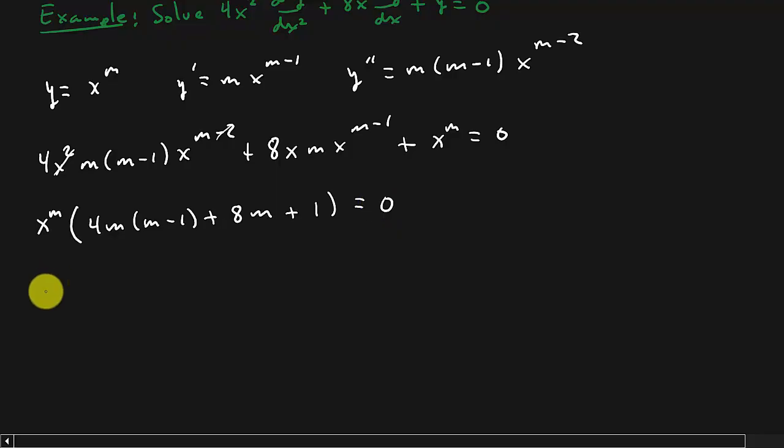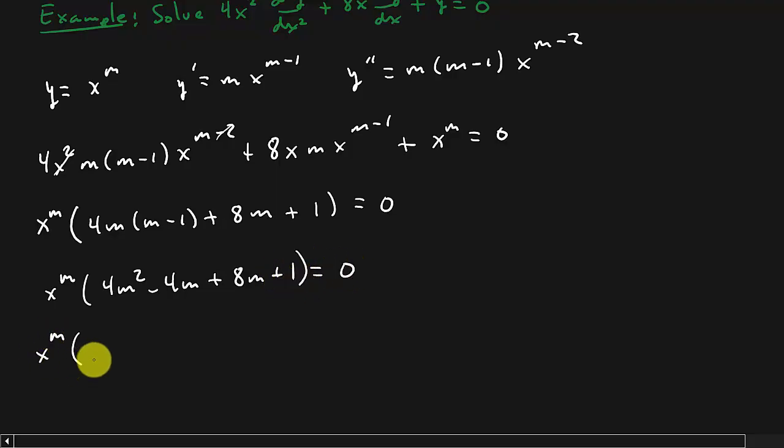And so I'm going to get x to the m times 4m squared minus 4m plus 8m plus 1 equals 0. And so that's x to the m times 4m squared plus 4m plus 1 equals 0.